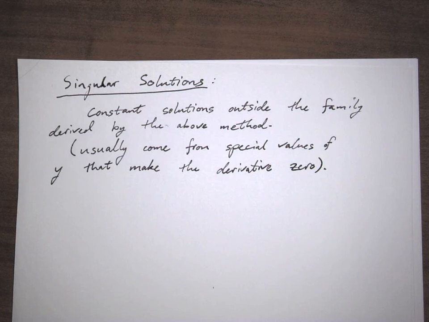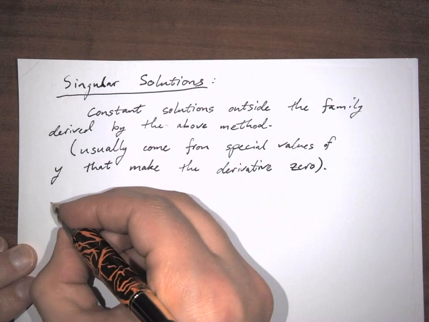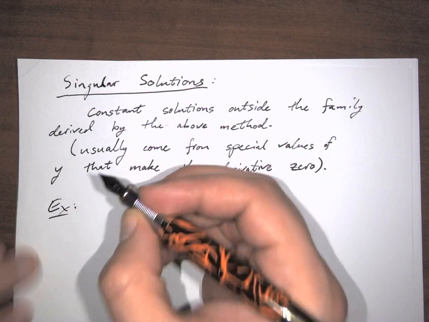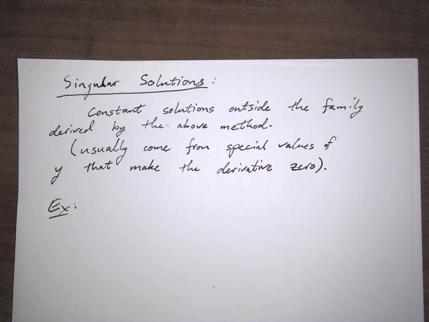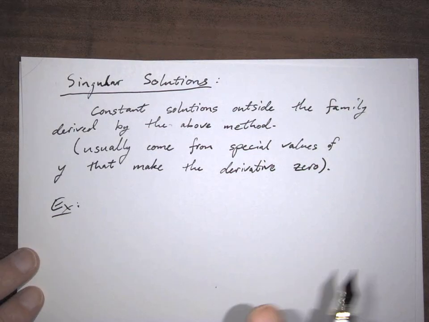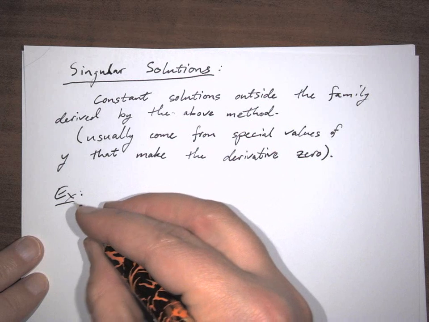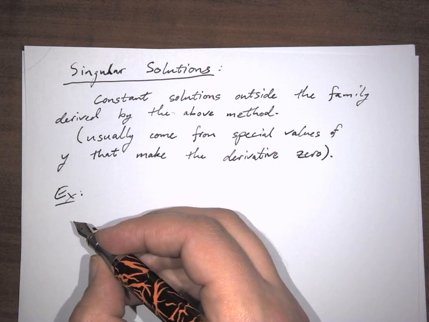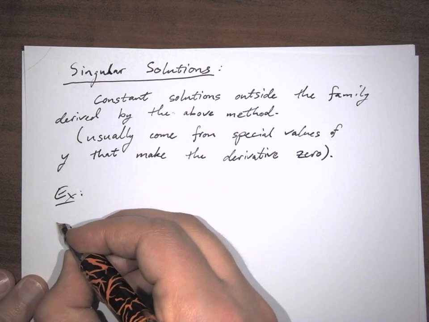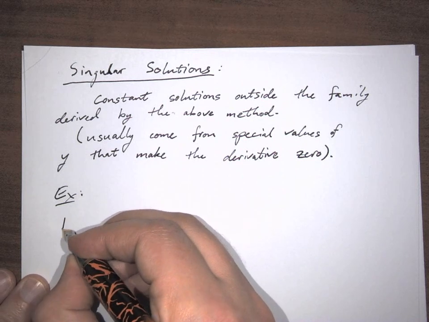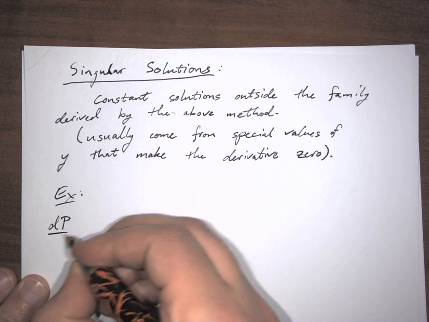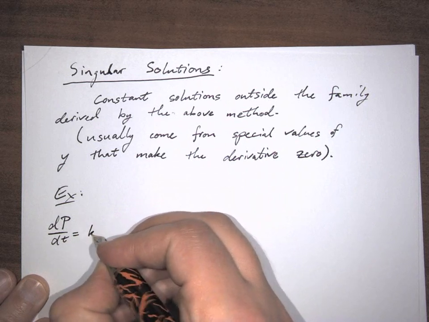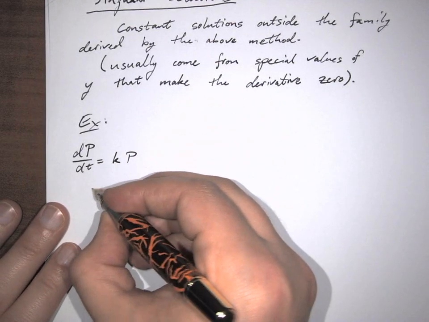So examples of these sorts of things would often involve having the specific value where y was equal to 0 in the case of something like the population model. So as an example, let's take the population. dP/dt is equal to kP.